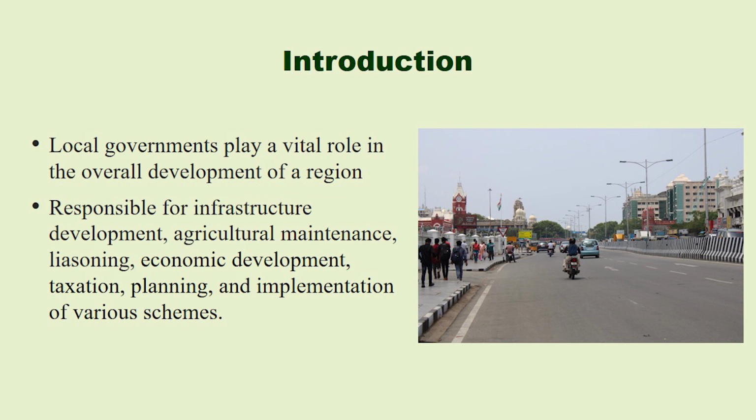In India, local governments are responsible for infrastructure development, agricultural maintenance, licensing, economic development, taxation, and planning and implementation of various schemes. In this module, the learners will be able to understand the functional items of rural and urban local governance.